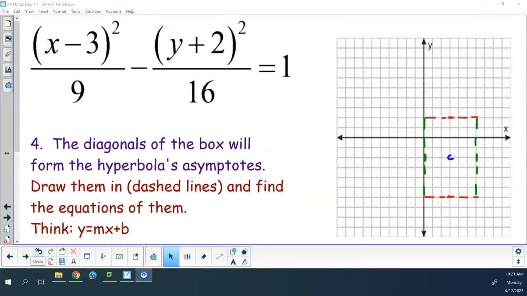Now, what you're going to do is draw the diagonals of your box, because that is going to form the slant asymptotes of your hyperbola. Slant because they're on a diagonal, and they will always be on a diagonal. It's not like they're going to be vertical and horizontal, because we're not going to do twisted hyperbolas.